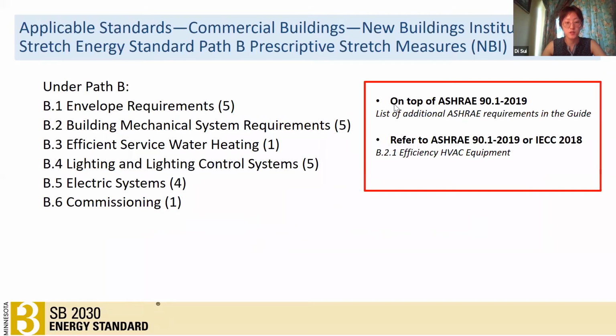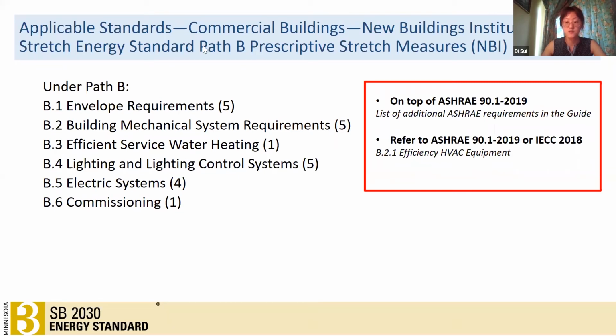And under path B, which is pretty similar to ASHRAE, there are 6 groups of requirements, and each group focuses on one part of the design. The list here shows what those 6 groups are and the number of requirements under each group. There are 2 additional rules that we need to pay attention to here. First of all, if you choose to follow this standard, the project also needs to meet the ASHRAE 90.1 requirements.